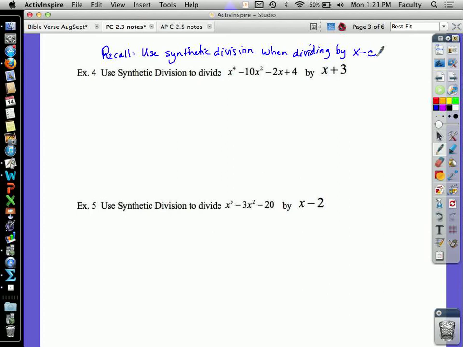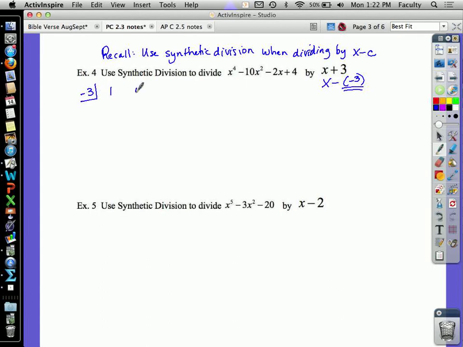Okay, so recall, use synthetic division when dividing by x minus c. So, in example 4, since I'm dividing by x plus 3, this really had to have been x minus negative 3. So the c goes in the box, but it has to be in the format of x minus a number. So this is negative 3 in the box.